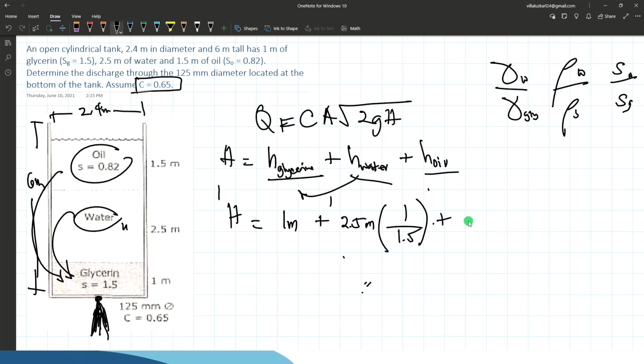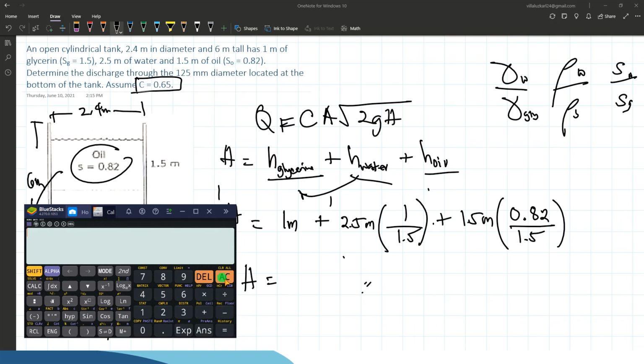Then for the head of oil, 1.5 meters will be converted. So multiplied by the ratio of the specific gravity of the oil divided by the specific gravity of the glycerin. So that's your total head. Okay, that's 1 plus 2.5 multiplied by 1 over 1.5 plus 1.5.